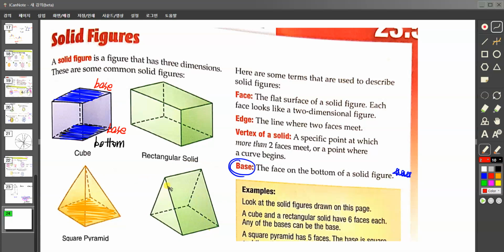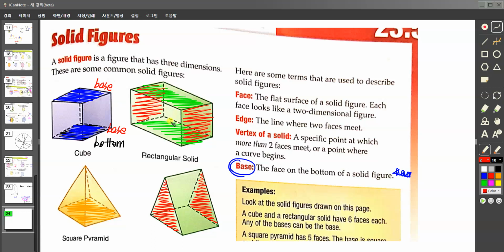Here, this is a base, and this is also base. 이렇게 두 개의 베이스가 있어요. 그다음 but in the rectangular solid, this can be a base, but this can be also a base.